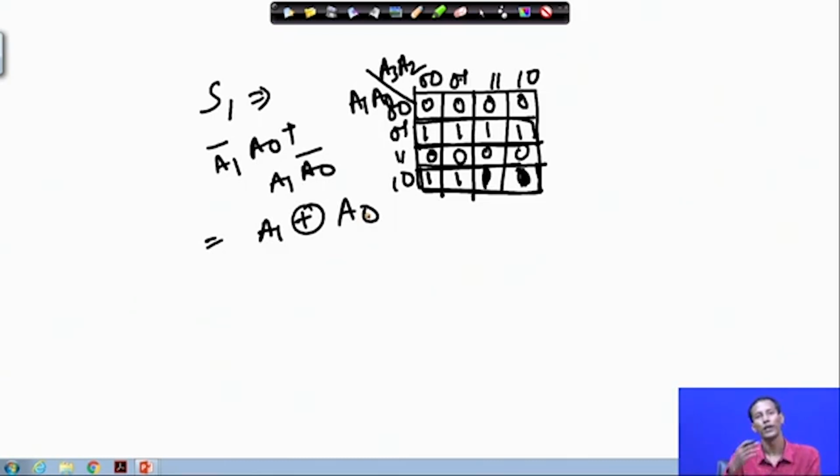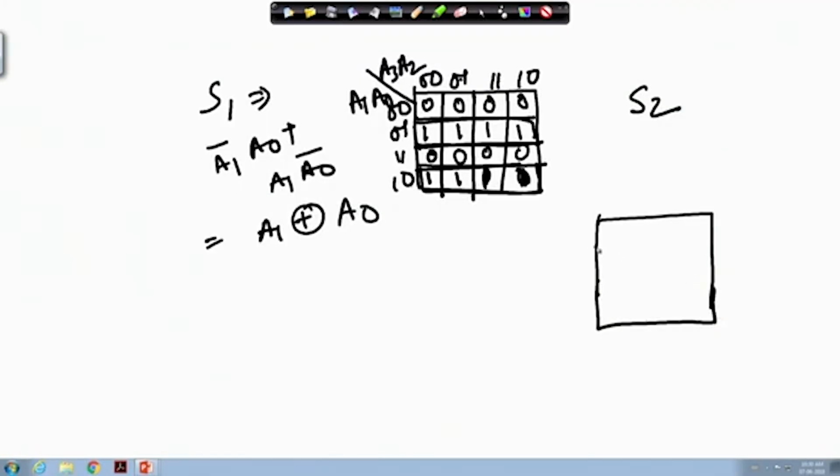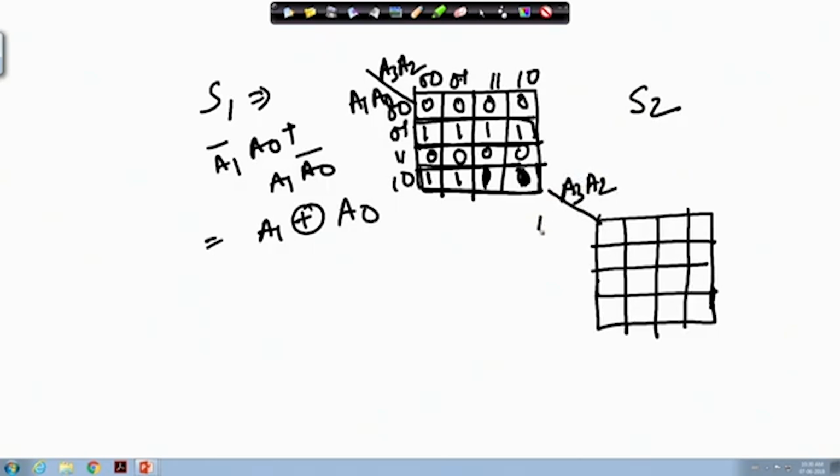Now again, I have to find the expression for S2. What will it be for S2? If I draw the Karnaugh map again, A3 A2, A1 A0, this is 0 0, 0 1, 1 1, 1 0.